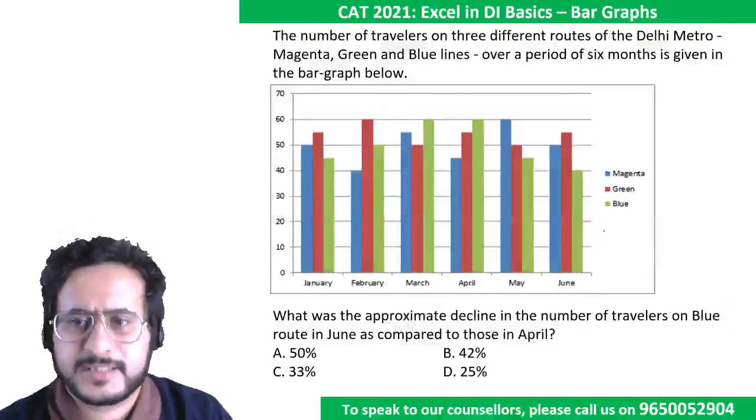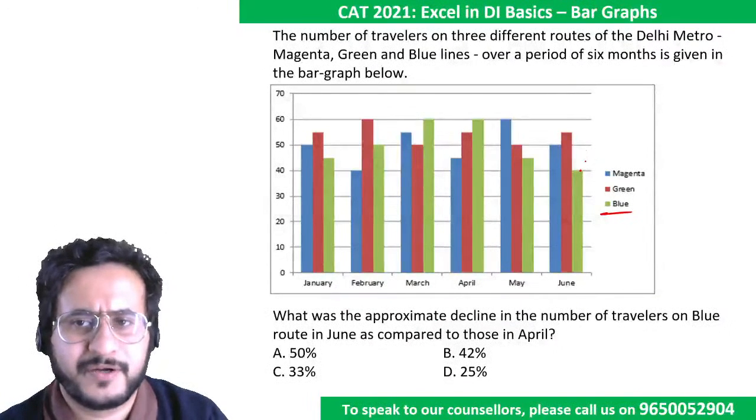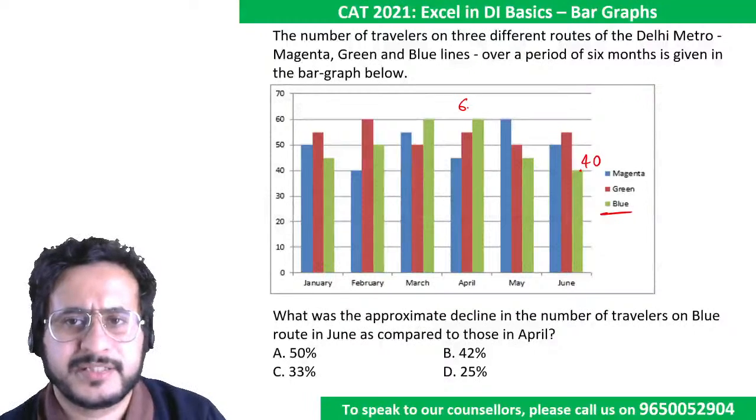So Blue route is this one, April to June. So June you have just 40, in April you had 60.